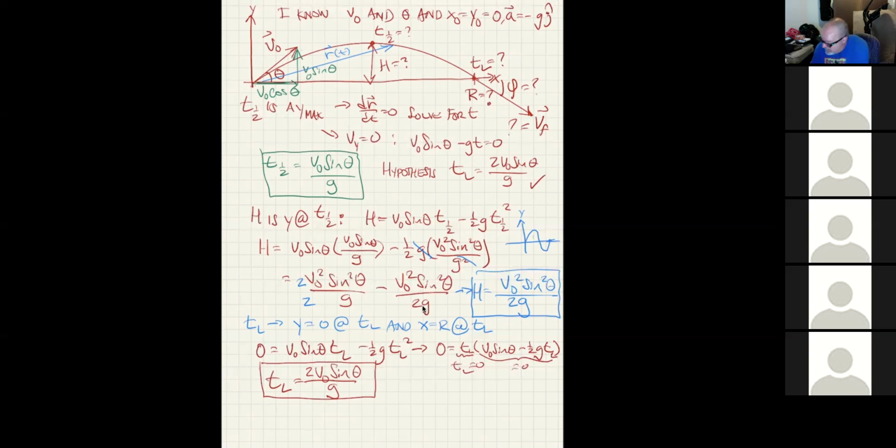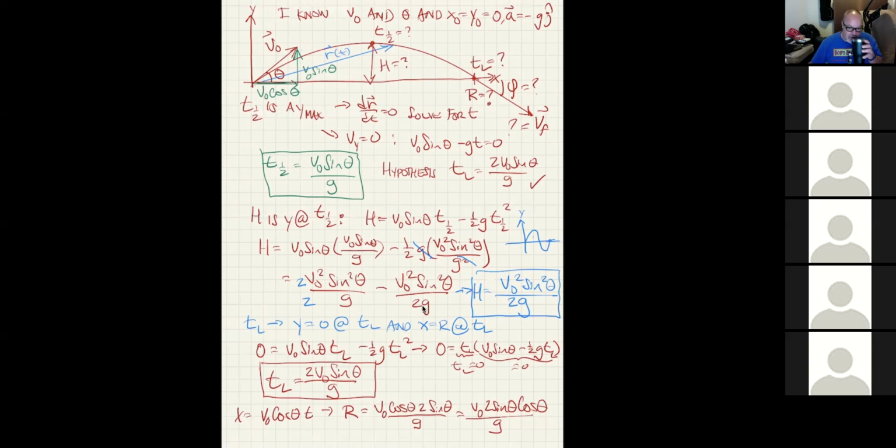Now, if I put that in x, remember x is just v0 cosine theta times t, then I will get R. So R is going to equal v0 cosine theta times 2 sine theta over g, which equals v0 squared 2 sine theta cosine theta over g. Thank you, baby.